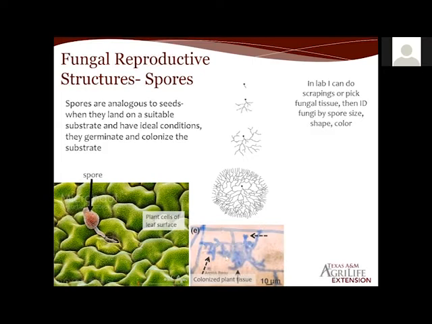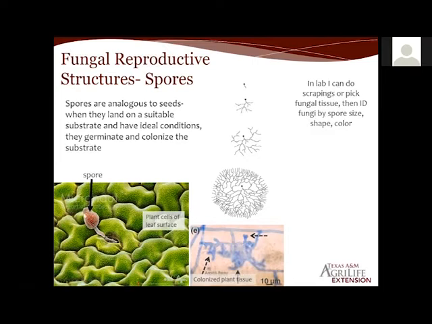And here is a kind of a side view of a slice of a leaf, and the blue dyed thread-like structures here, that's fungal tissue colonizing this kind of tan background, which is the plant tissue. So that's like a microscope cross-section of fungal tissue embedded in plant tissue. So you can see how, when I say it deeply colonizes, it gets up in there. It's not just kind of loosely associated, it's in there.